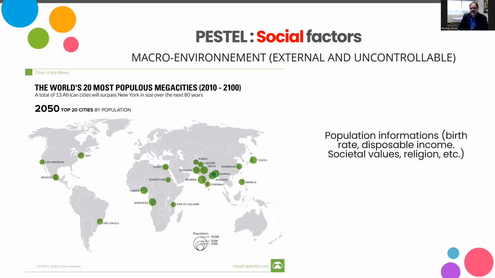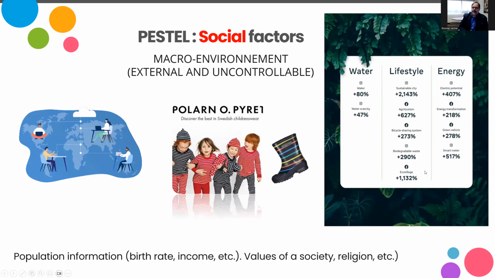What you're observing is that some of the biggest, most densely populated cities are moving from North America in 2010, New York, Los Angeles, Mexico, Rio de Janeiro, Buenos Aires, and moving more to Asia and to Africa. So this kind of trend is external and uncontrollable, but provides opportunities or threats, depending on which industry you're in.